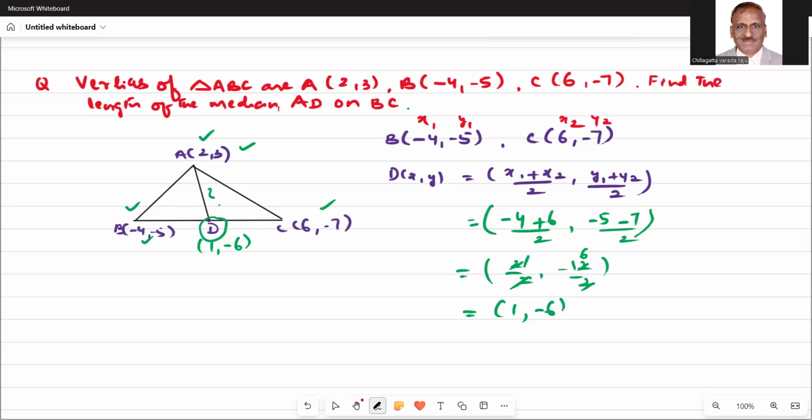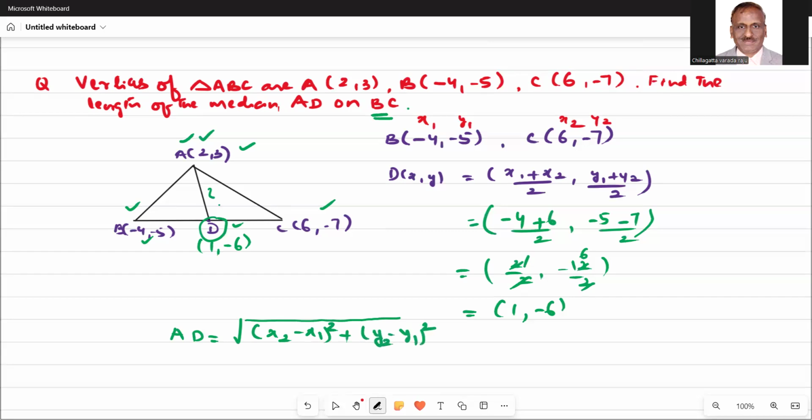Once you know the two points, that is A and D, can't you find the length of AD? AD is nothing but the median on the line segment BC, or the median of triangle ABC. To find the length of AD, I will use the formula square root of (x2 minus x1) whole square plus (y2 minus y1) whole square.